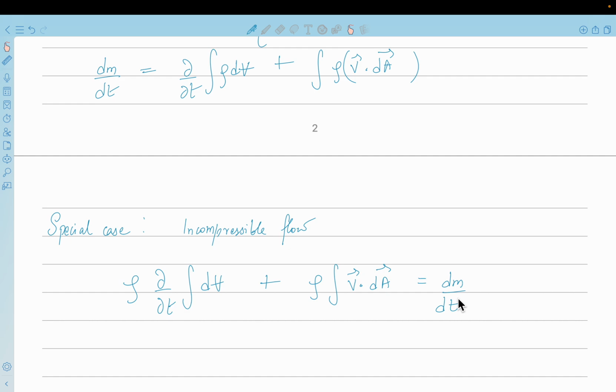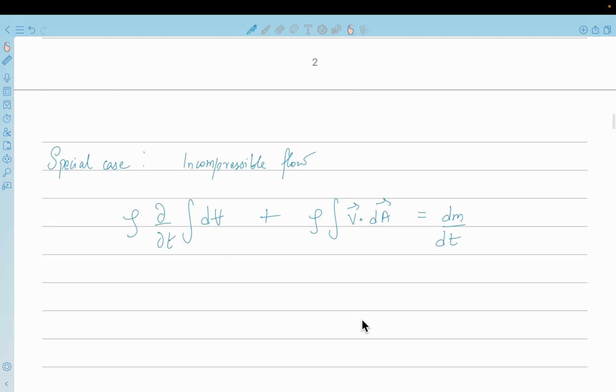If there is an incompressible flow and there is mass conservation, and let's say dm/dt is 0, why are we assuming dm/dt is 0?